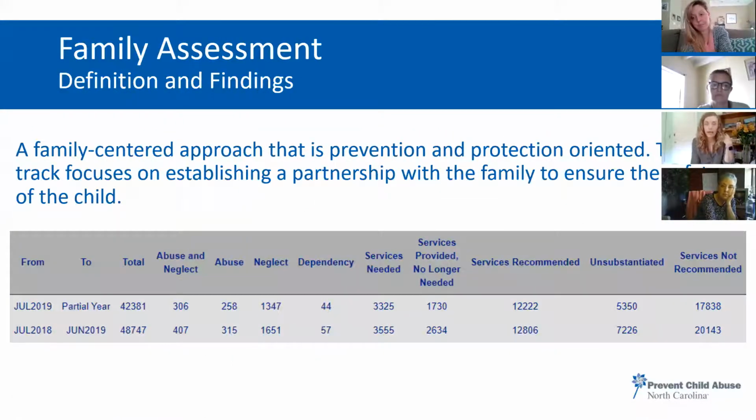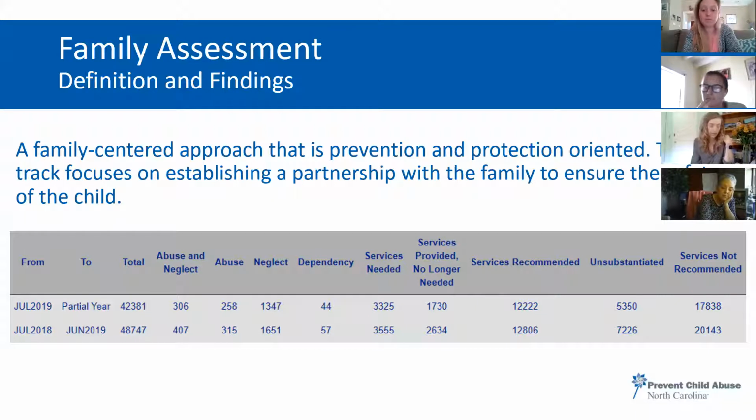So the first type is the family assessment. This is a more family-centered approach. It's prevention and protection oriented. It really focuses on establishing a partnership with the family to ensure the safety of the child. What you're seeing here is a screenshot of the table from the website.